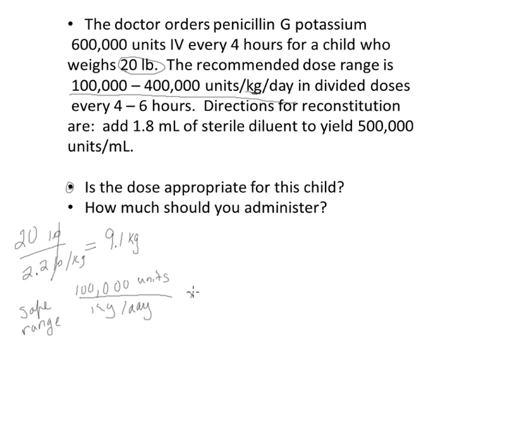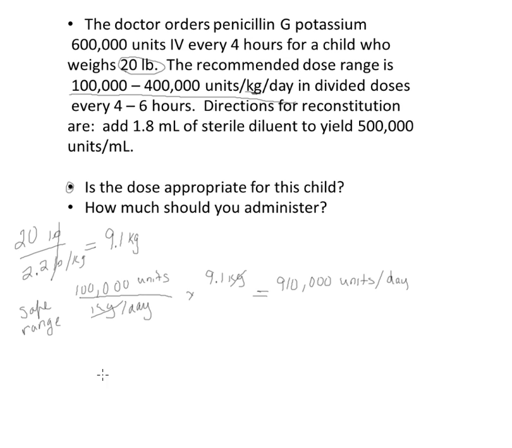And I want to multiply that times the patient's weight, so I multiply that times 9.1 kilograms, and that allows my kilograms to cancel, and I get an answer of 910,000 units per day.